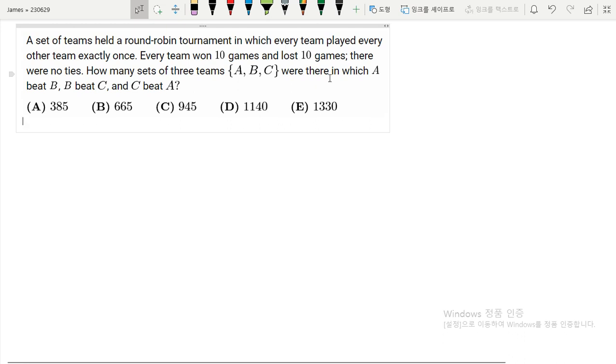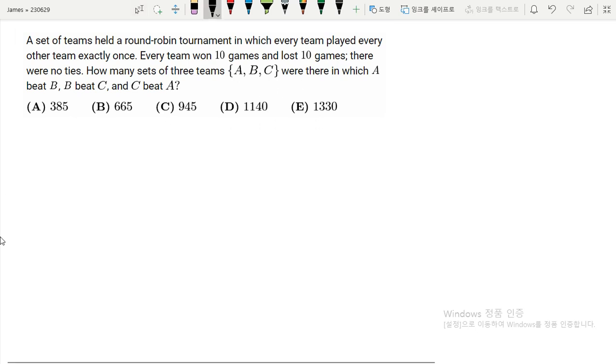So that means in this tournament there are 21 teams, because each team plays 20 games, so including itself, in total there are 21 teams.